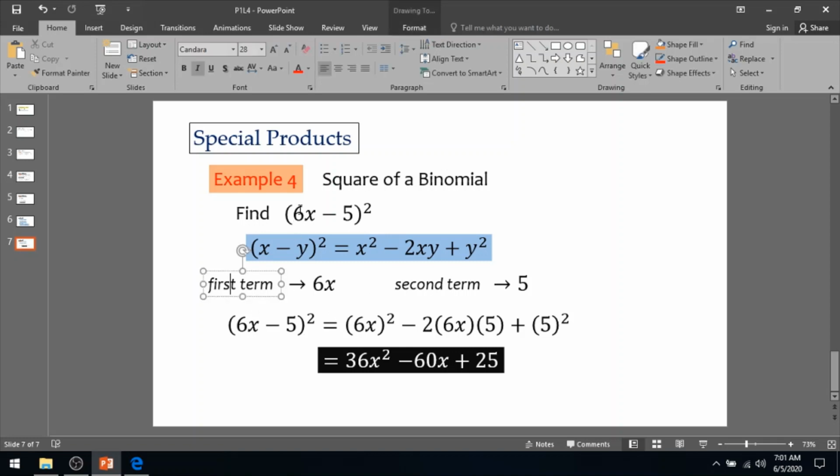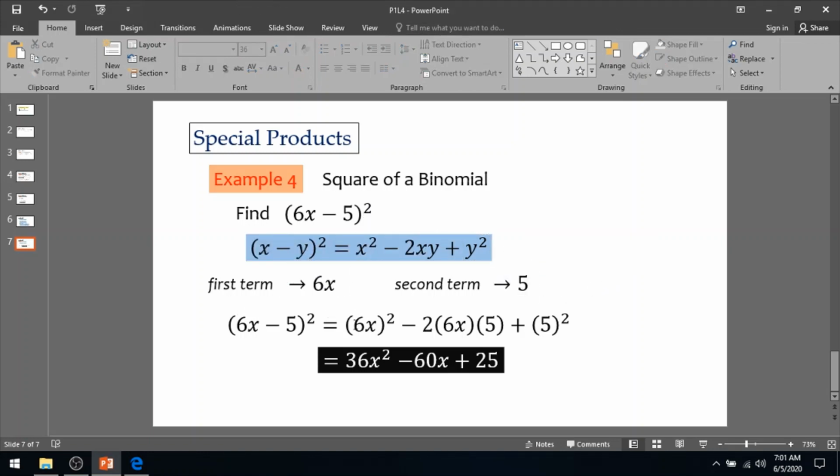So the first term is 6x and the second term is 5. Ayaw na lang i-take note ang iyang assign dere because nagamit naman ta sa x minus y nga katong formula. So 6x minus 5 quantity square is therefore equal to, so imo ning sundon, what is the first term? Atong first term is 6x and the second term is 5.